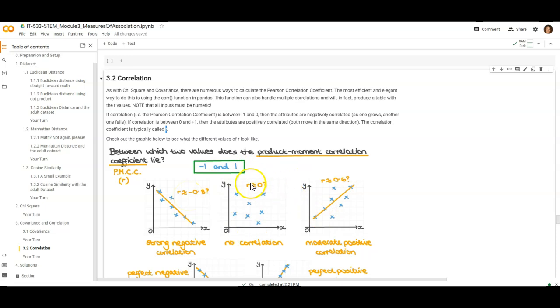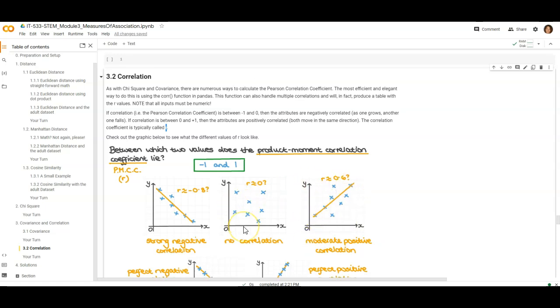If our R value is somewhere around 0, it means really that there is no relationship that we can detect between our X values and our Y values. And if our R value is positive, as in here, it means that we can detect a positive correlation between our X value and our Y values, meaning as our X grows, our Y grows as well.